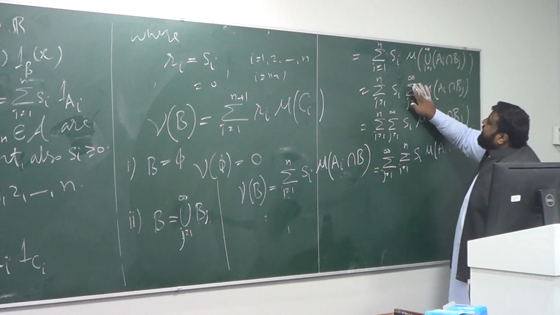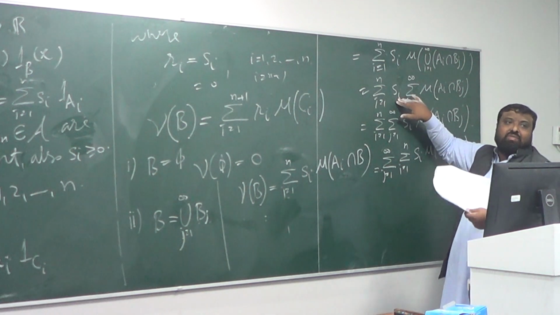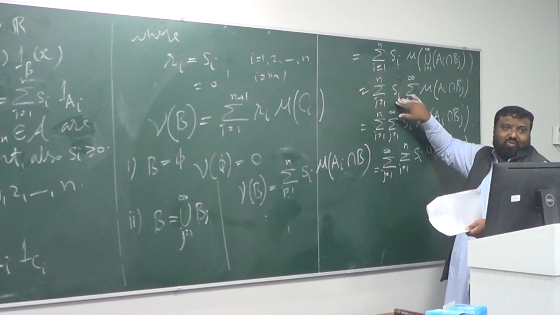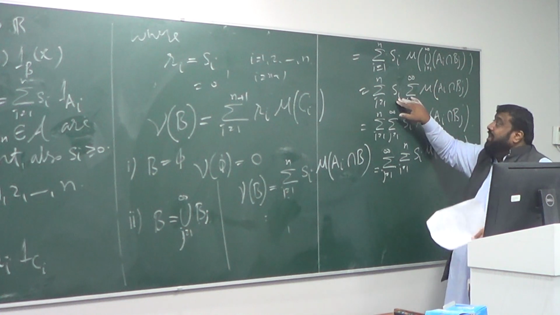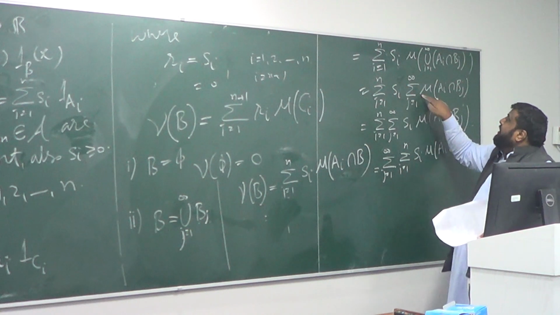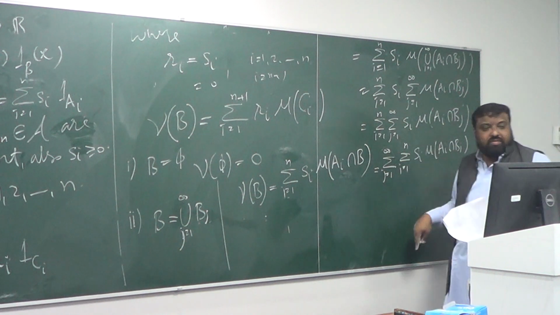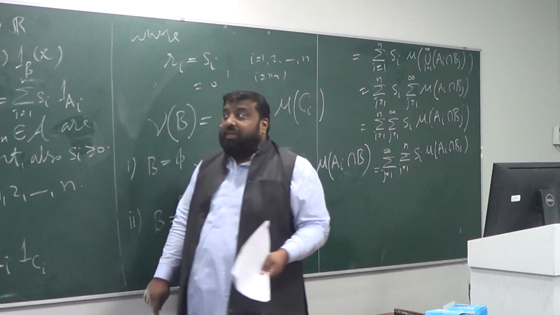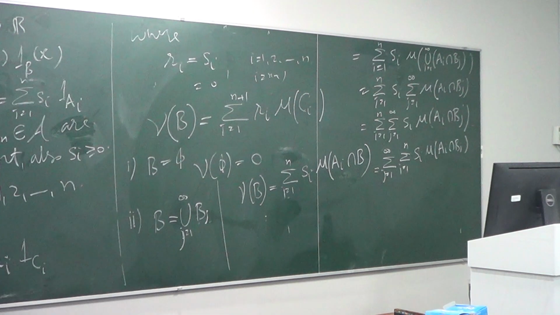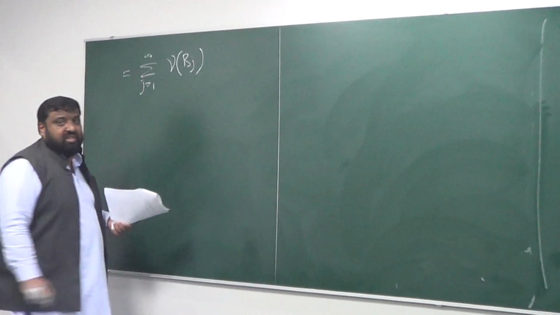Multiplying a series by a number is well defined, so the number gets inside. We have a justification from real analysis, because we know that you can sum two series and multiply them with a scalar. So you get nu of B_j.